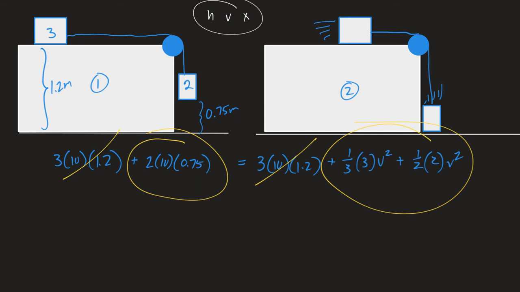So the energy that the one box had as it fell becomes kinetic energy in both boxes as it reaches the ground. Now the ground is going to absorb the kinetic energy of the 2 kilogram box, but the 3 kilogram box can just keep on going. Again, I don't want to work out the answers. I don't care about the answers. But do you see how this problem works out? Any questions about it?